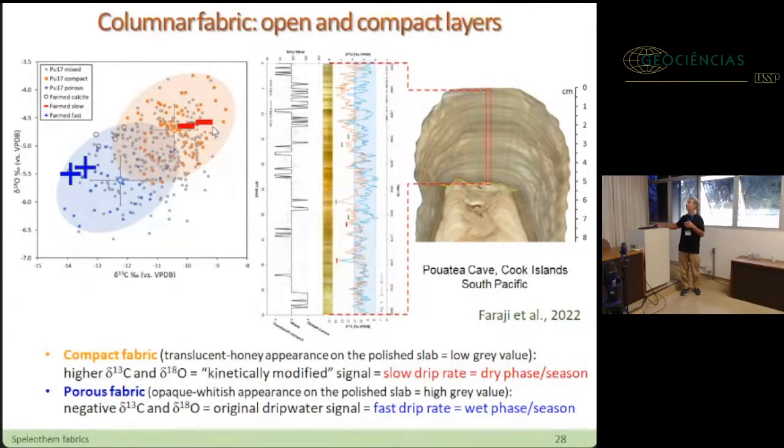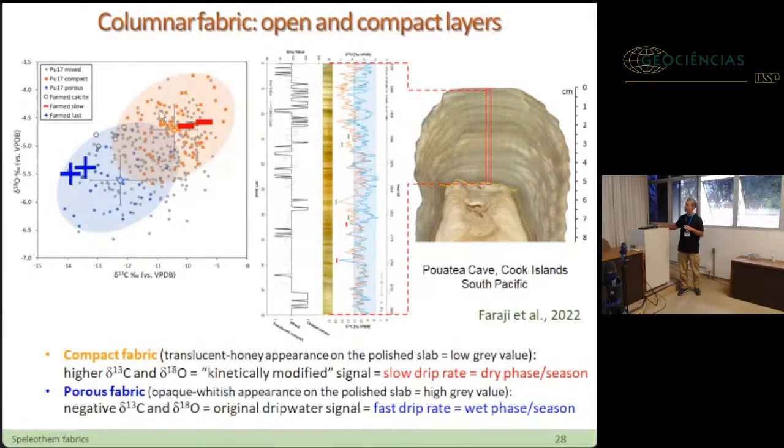And the corresponding fabric within the stalagmite just reflects this situation.